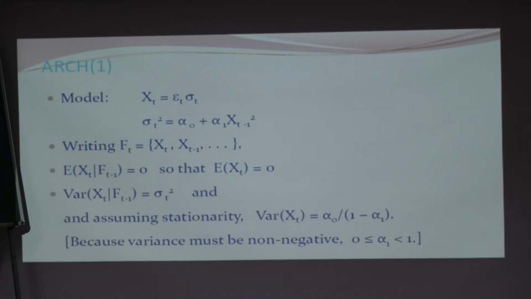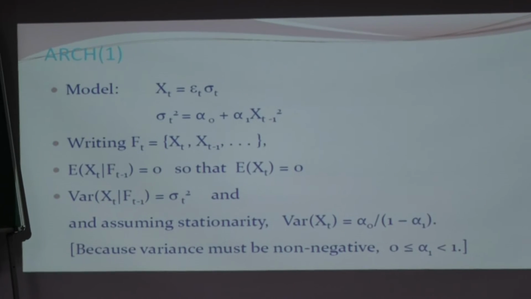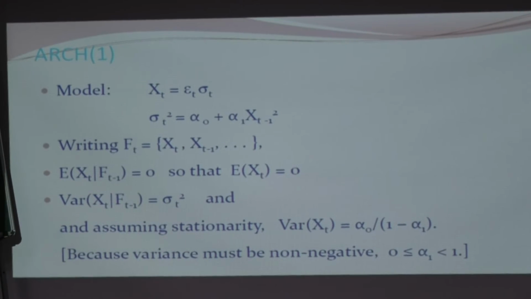Maybe I'll just go back here. Conditional variance is sigma t square. Sigma t square is this. Okay. What does today's value depend on? How variable today's value is going to be will depend on what the observation yesterday was. If the observation yesterday was large, that means you have a mean level, and the observation is either very large or very small compared to it.